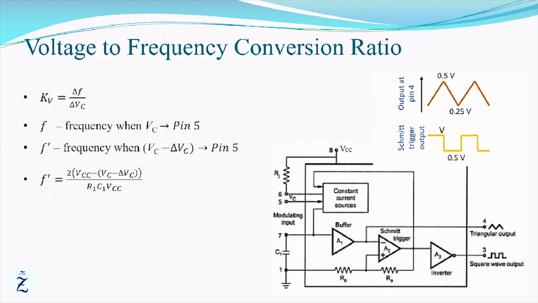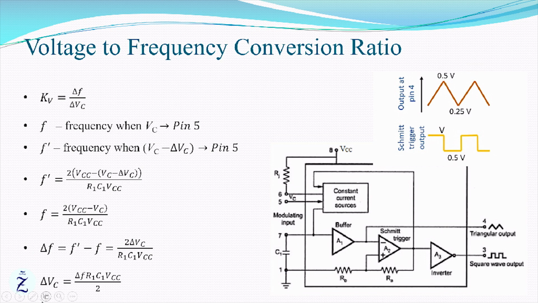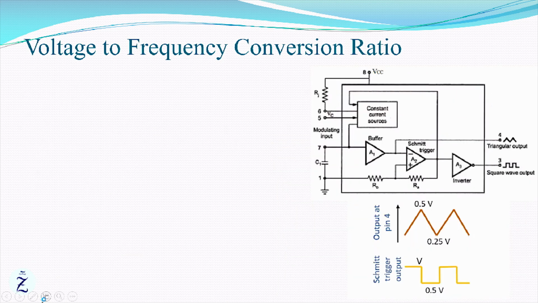And we know f is equal to 2 into VCC minus VC divided by R1 C1 into VCC. Then delta f, that is f dash minus f, is equal to 2 delta VC divided by R1 C1 into VCC. Or we can rewrite delta VC is equal to delta f into R1 C1 VCC divided by 2. Hence, kV, that is delta f by delta VC, is equal to 2 divided by R1 into C1 into VCC.